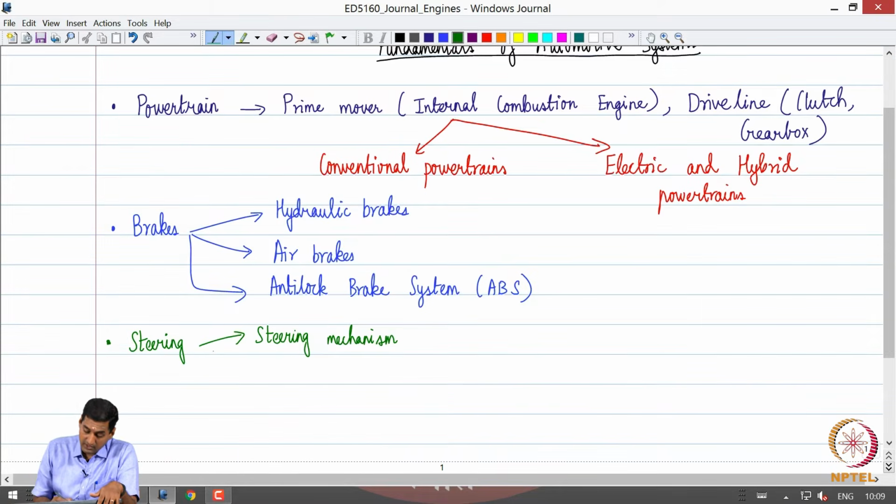We are also going to look at, as part of the steering and the suspension module, an important notion which is called wheel alignment.